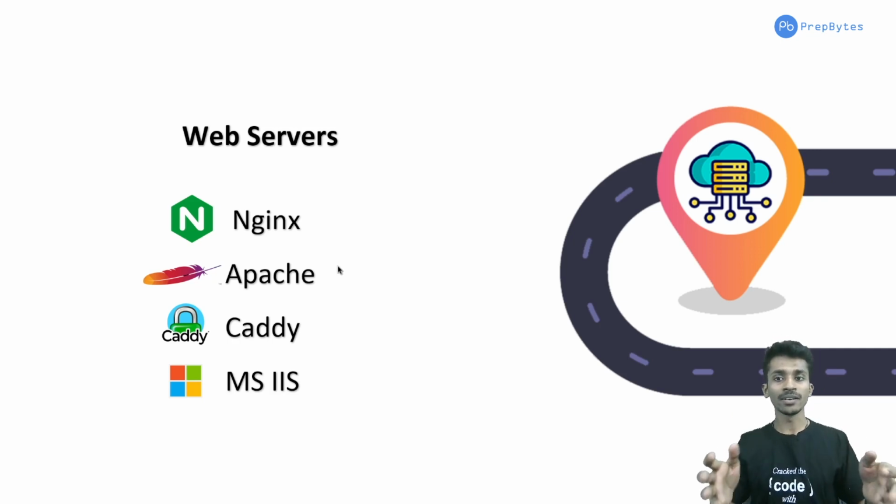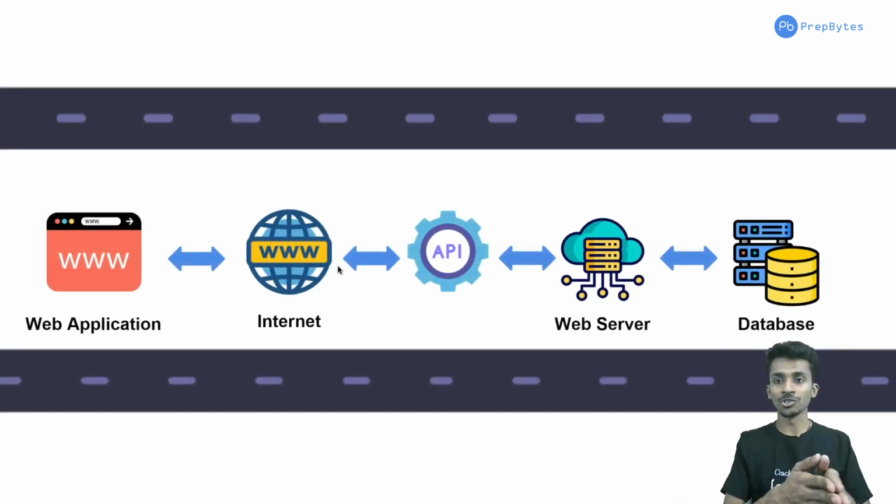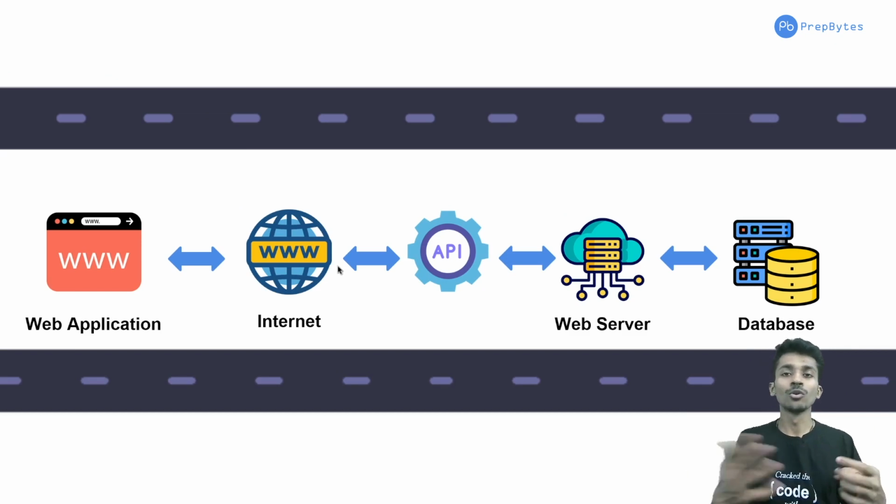Once you go through all of these milestones, you will be able to create or identify how this entire application would work, including the backend. Initially you would have a web application which communicates over the internet utilizing your API. It gets in touch with the web server, which fetches all the required data from the database and sends the data back again.